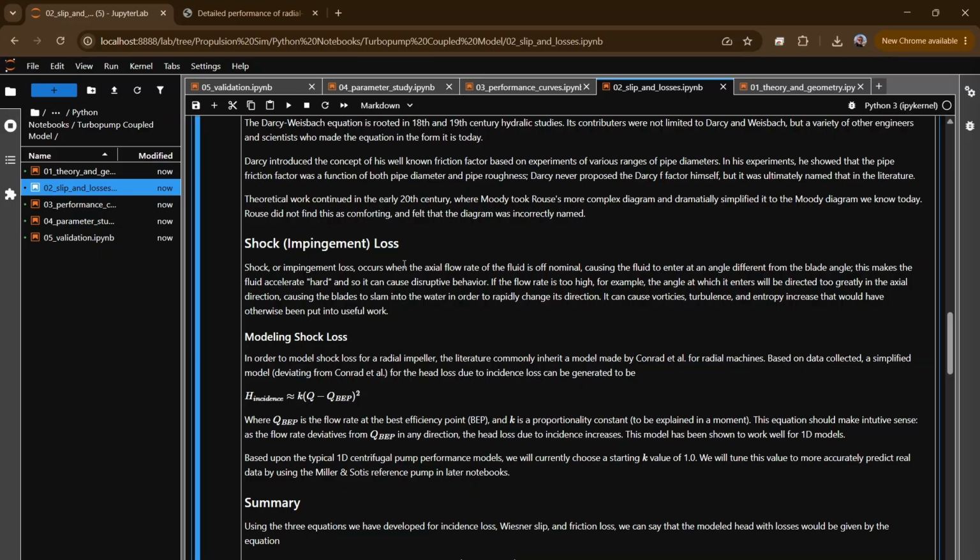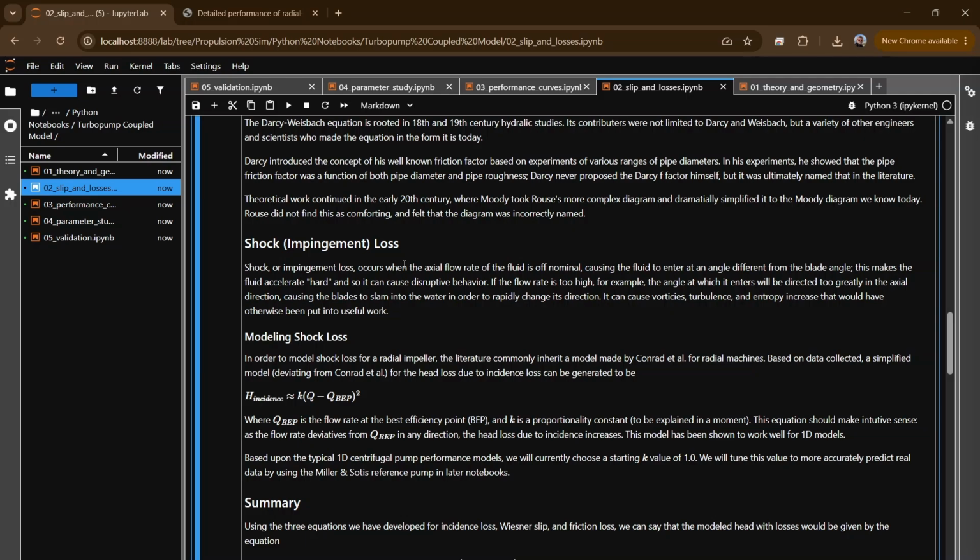It'll instead just hit the blades really hard because it's not naturally going through that angle. Because you have the blade tilted at an angle, and then there's a certain speed in which the fluid rotation, the slight fluid pre-spin that we are not accounting for right now, we actually do account for it later. That occurs when the slight fluid pre-spin causes the velocity vector to be at an angle, and then if that angle is not parallel with the angle of the blade, it causes what's called incidence loss.